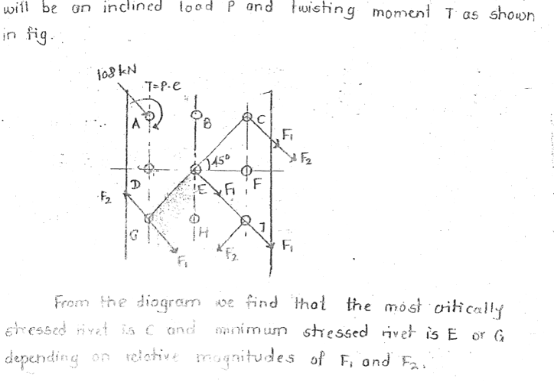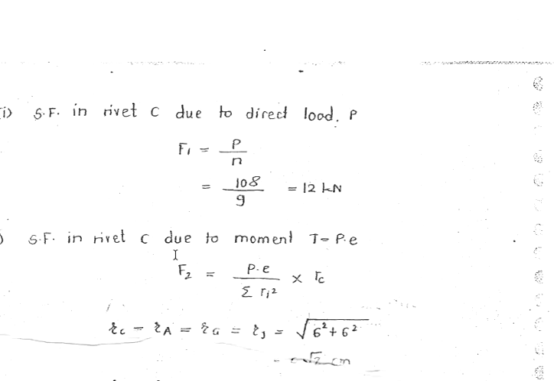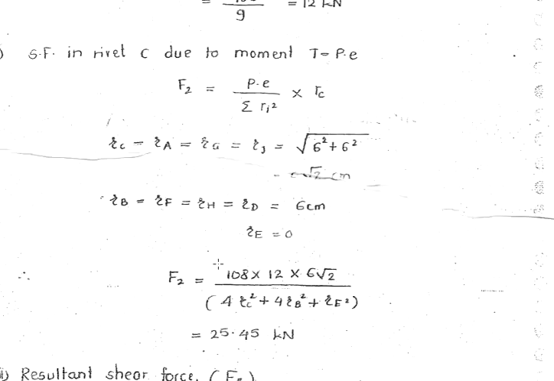The four fasteners B, D, H and F also have the same distance, that is 6. And therefore F2, and the distance of E from itself becomes 0.